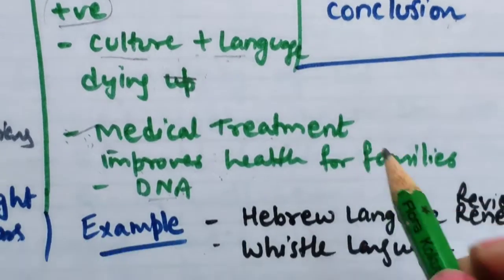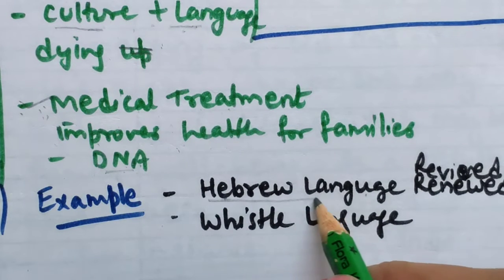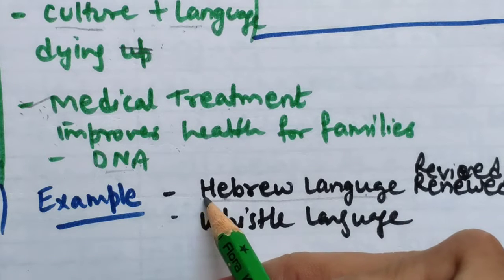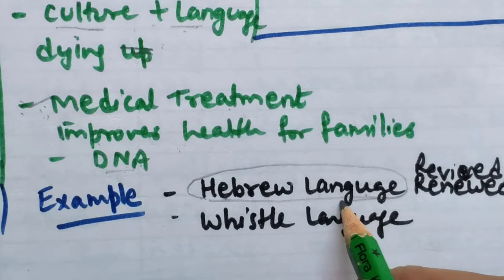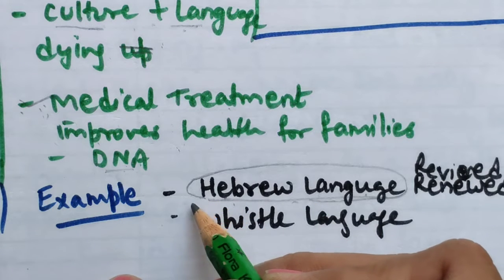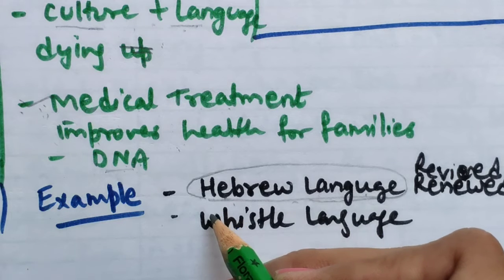For this we can give the example of the Hebrew language revived. I got this knowledge from IELTS reading only, so that's why I always enjoy doing my reading passages. There we come to know about other knowledge about the other world.